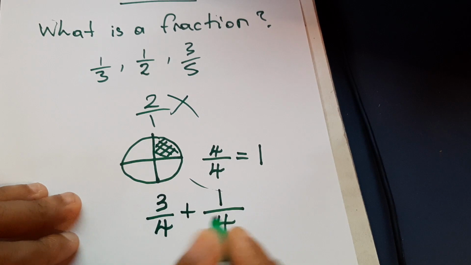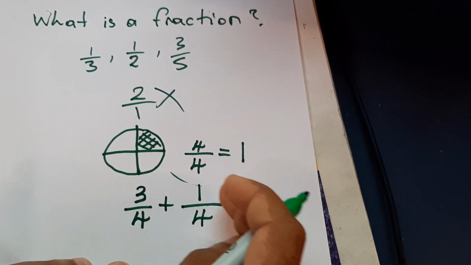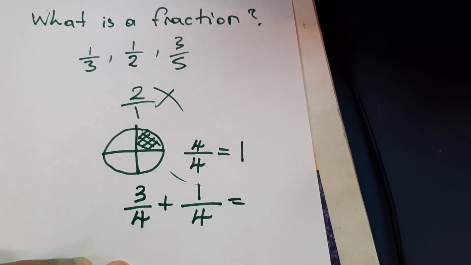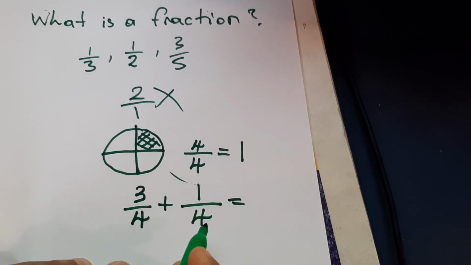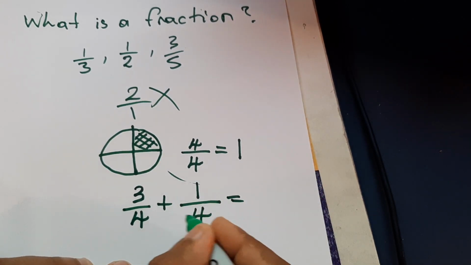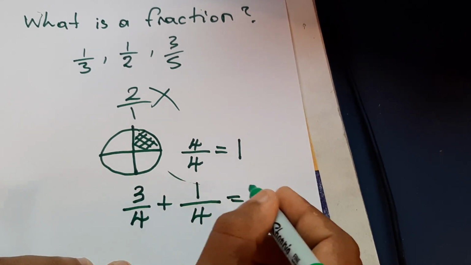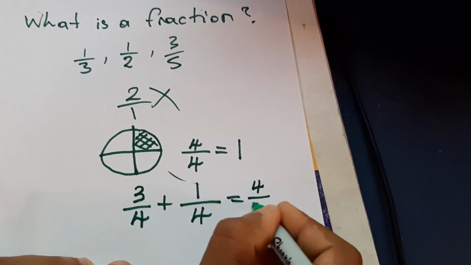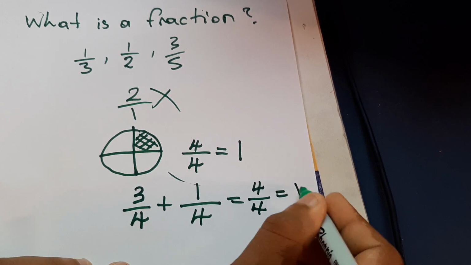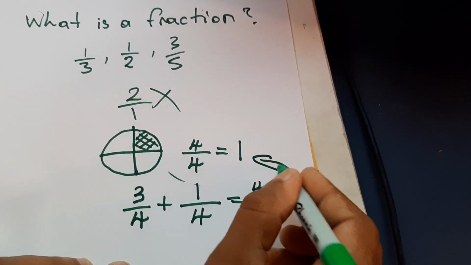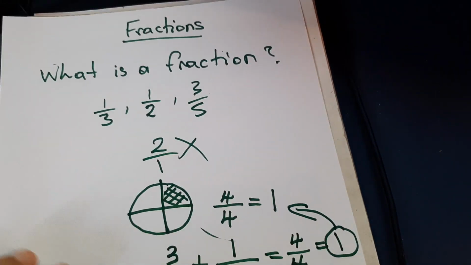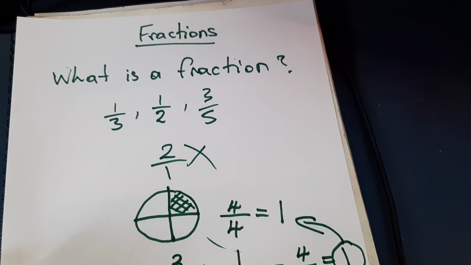If we add the 3/4 and the quarter that we have, we get what? The denominators are the same, so we just add the numerators. This would be 4 over 4, which would represent the entire cake.